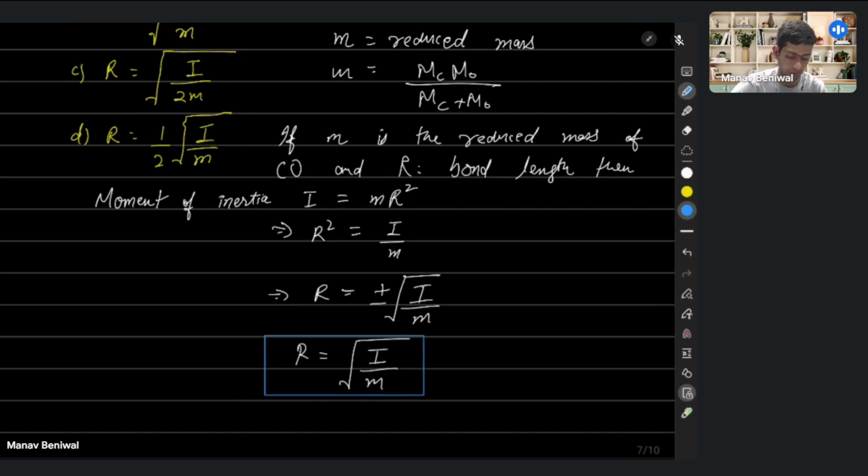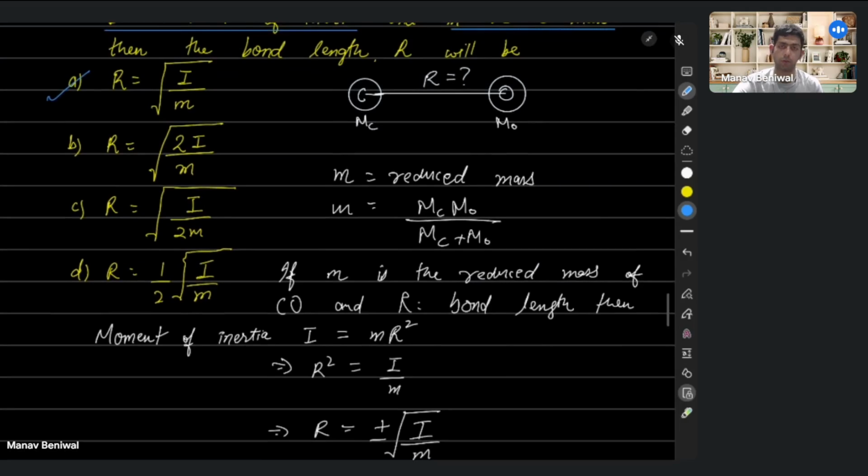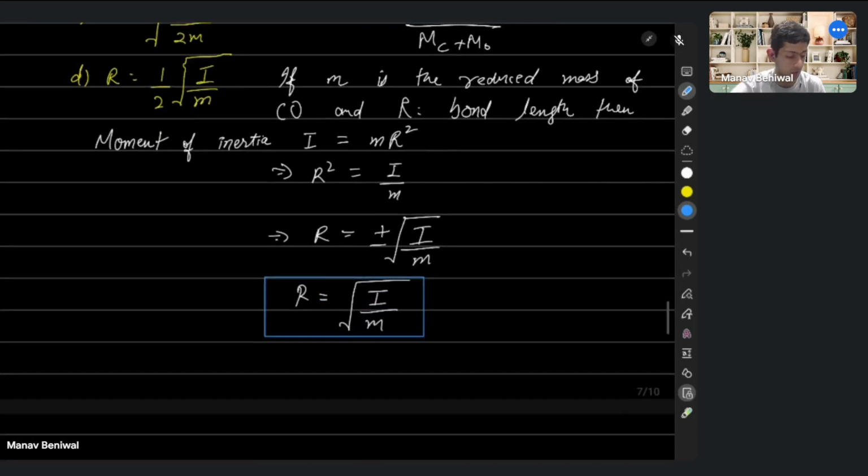Okay, so this was a very simple problem, and here is how you can compute the reduced mass in case it is not given. In case the mass of individual atoms is given, then this will simply become mC times mO divided by mC plus mO. Okay, so this is another way of writing it.